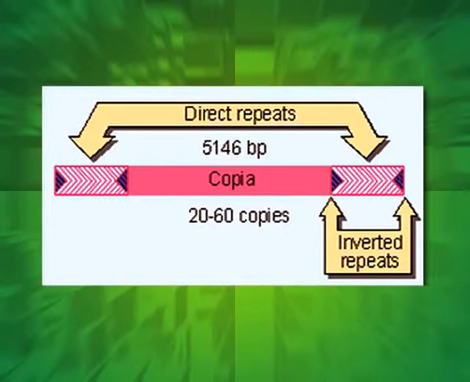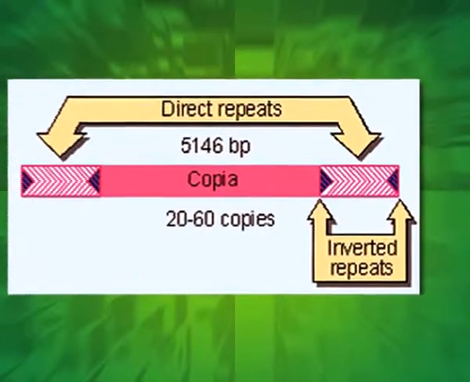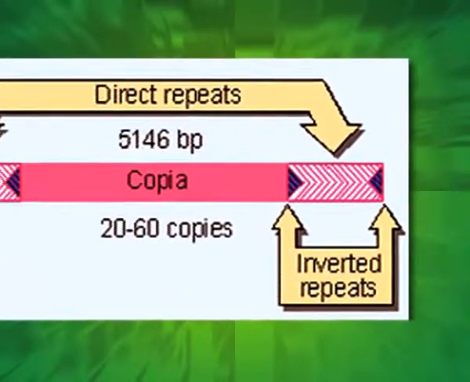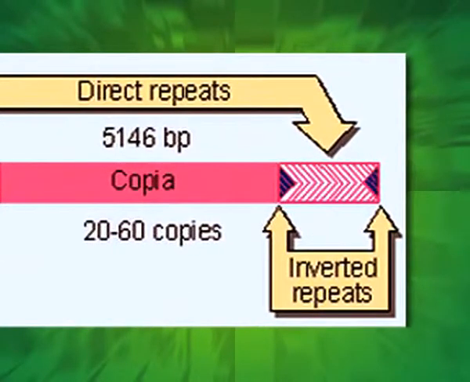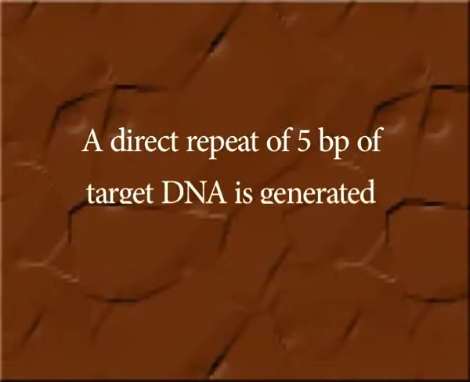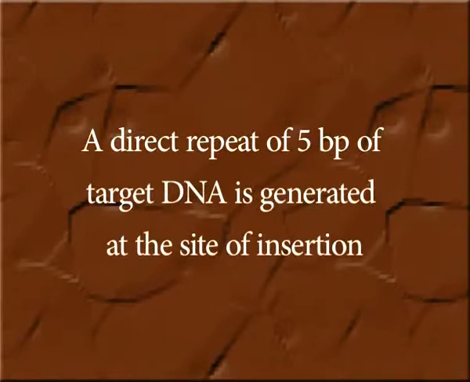The copia element is about 5,000 base pairs long with identical direct terminal repeats of 276 base pairs. Each of the direct repeats itself ends in related inverted repeats. A direct repeat of 5 base pairs of target DNA is generated at the site of insertion.